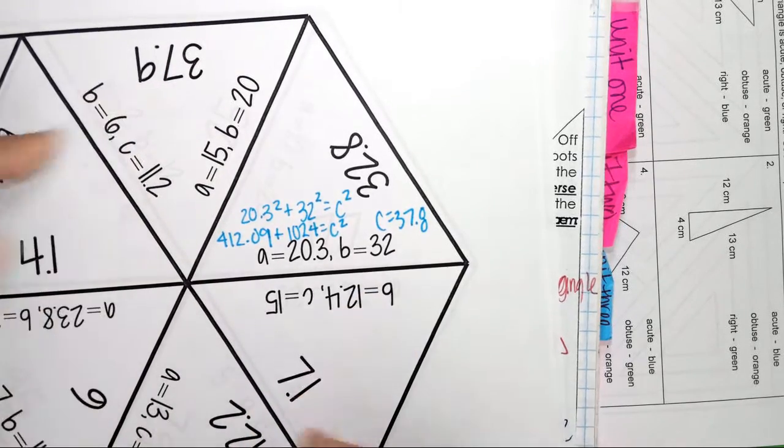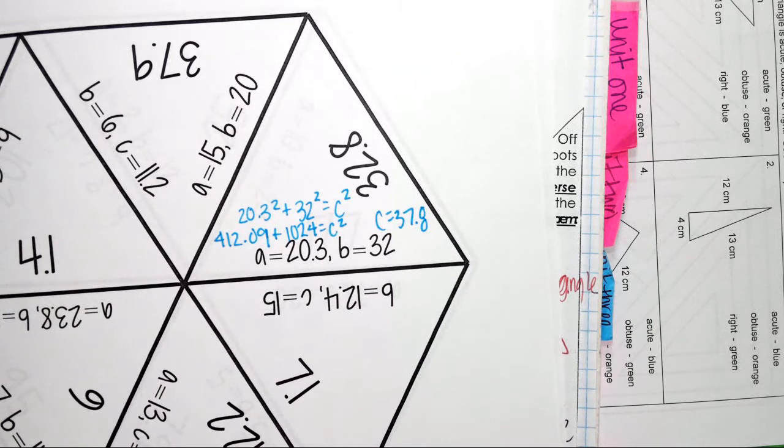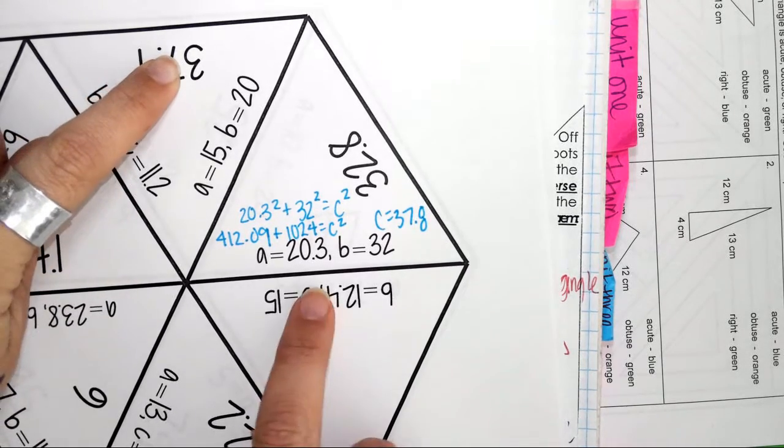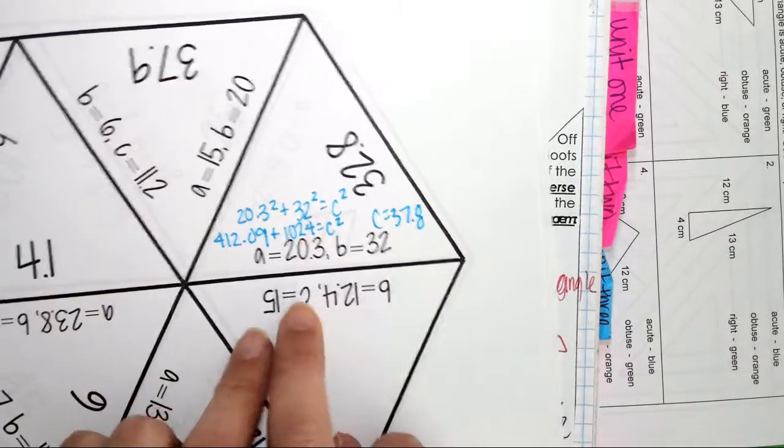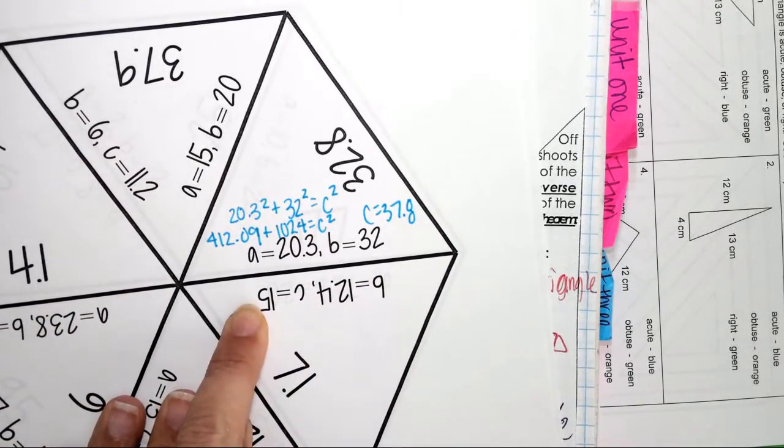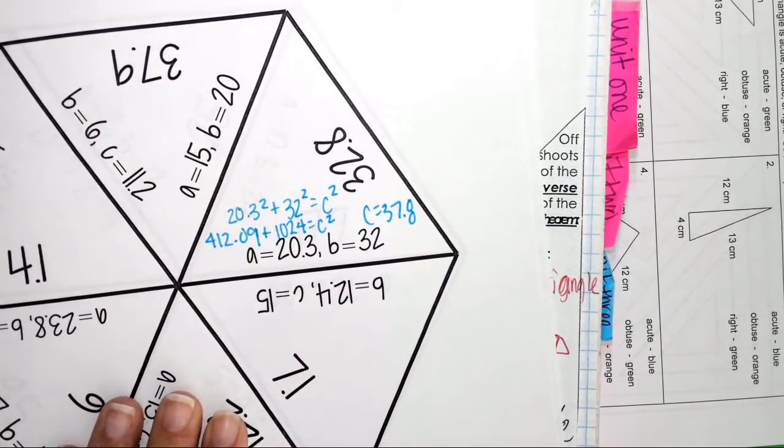So you cut these out and you match them up. I glue 37.9 next to this. So instead of this saying B and C, it will say 37.9.